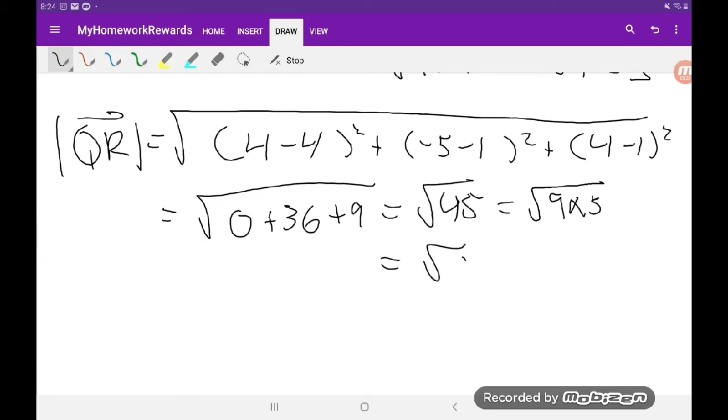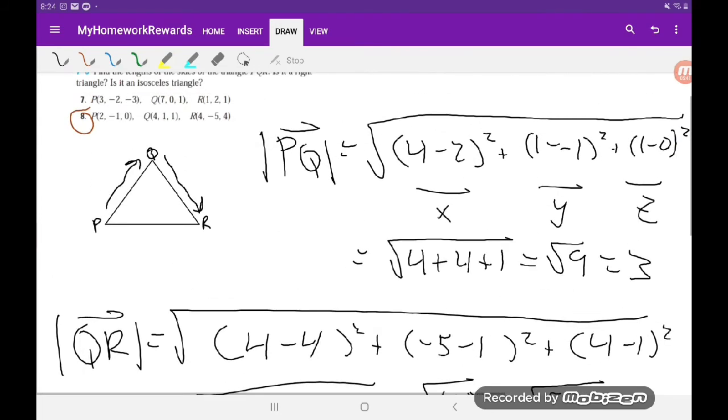Separate that into square root of 9 times square root of 5, which equals 3 root 5. So again, we use the same methodology. It doesn't matter which way we point the vector, and then we find the x, y, and z coordinates and take the magnitude.